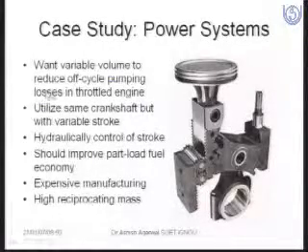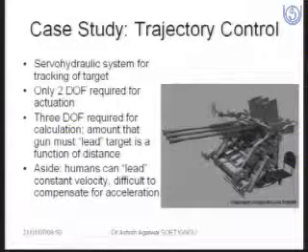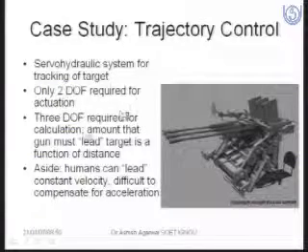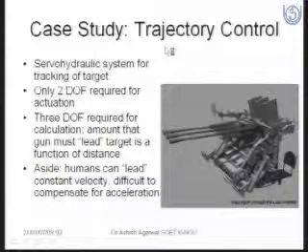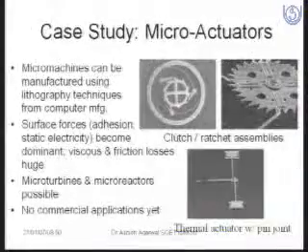Now these are the different types of machines. For example, this is your power system. I am just showing you so that you have interest in this subject. This is a trajectory control having 2 degrees of freedom for actuation and 3 degrees of freedom required for calculation. All of these are linked with the kinematics of mechanisms, the dynamics of mechanisms, or the theory of machines.